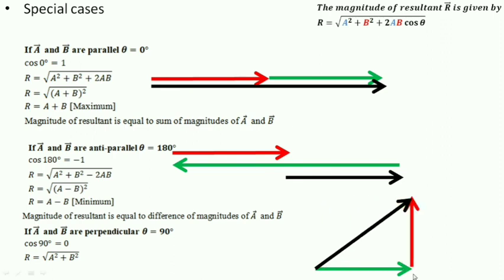You can see tip and toe, so the third side will give the resultant. So you can see if they are parallel or in the same direction, the resultant will be maximum, and if they are anti-parallel, if they are going in opposite directions, the resultant will be minimum, and if it is making 90 degrees, it will be somewhere between maximum and minimum.